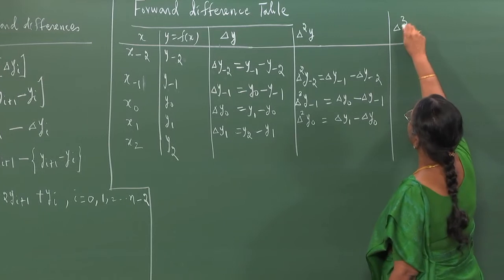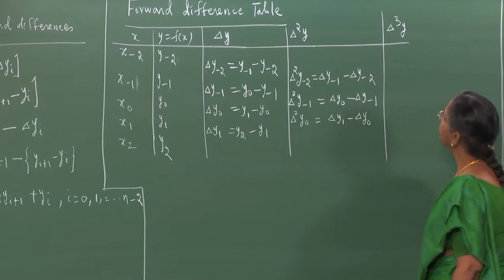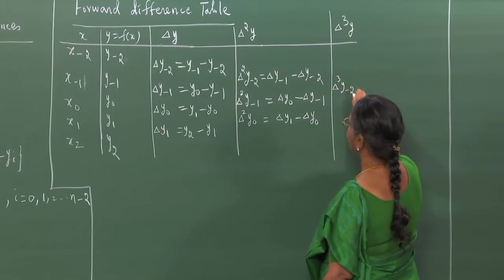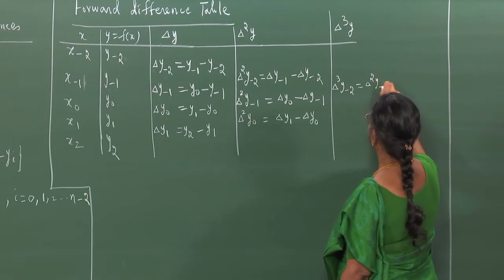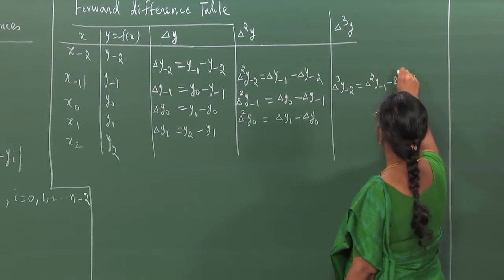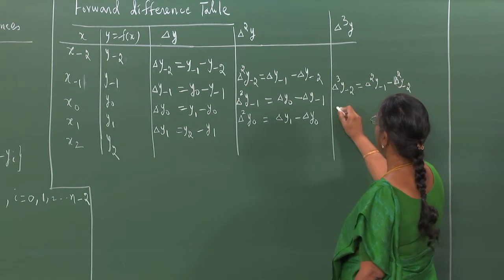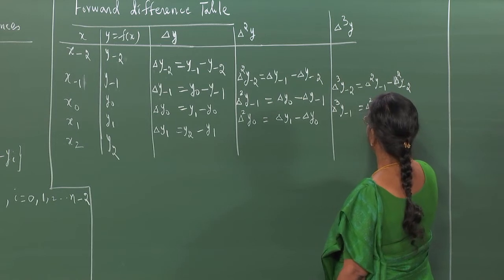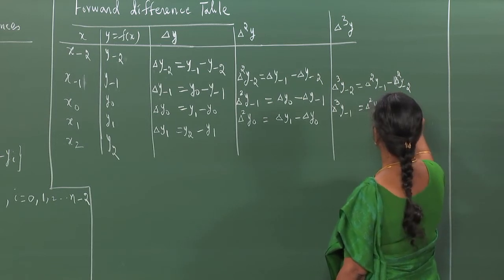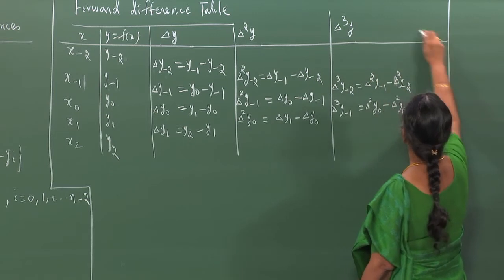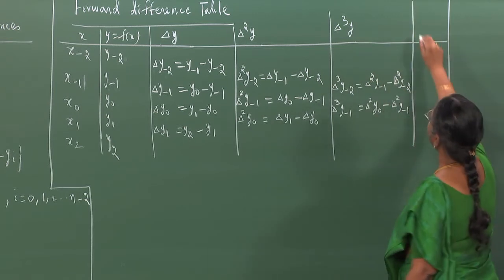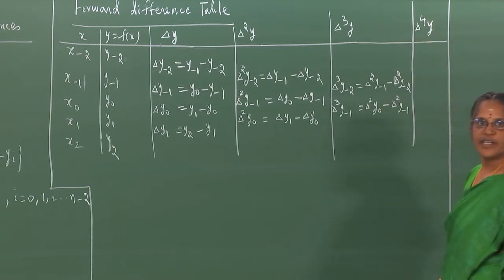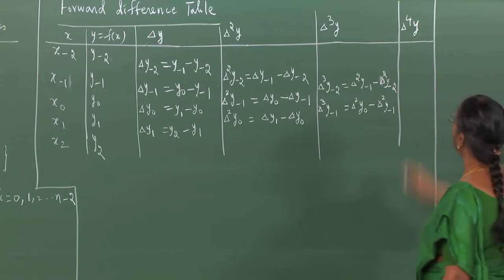Let us go to the third order differences, del cubed y. So, we have del cubed on y minus 2 will be del square on y minus 1 minus del square on y minus 2. Then del cubed on y minus 1 will be del square on y naught minus del square on y minus 1. So, let us now move on to compute the fourth order forward difference, del power 4 on y.